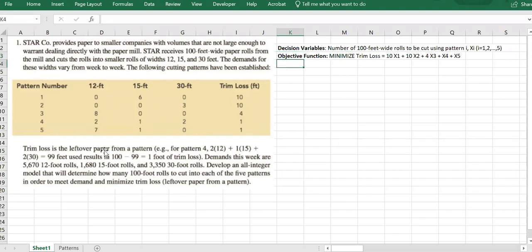But then we have some demand to meet. We want to meet the demands for each one of these smaller rolls. So subject to the demand constraints, and I'm going to write it for 12 feet, 15, and 30.